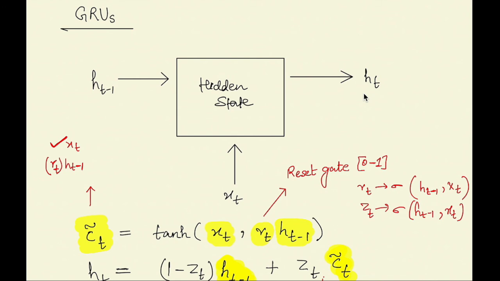The difference from vanilla RNN is that ht in vanilla RNN is only dependent on the candidate obtained from ht minus 1 comma xt, without taking some input directly from ht minus 1, but here we are taking some input directly from ht minus 1 and some input using this candidate, and this candidate is also not just dependent on ht minus 1 but on rt into ht minus 1. So this is the difference between GRUs and RNNs.